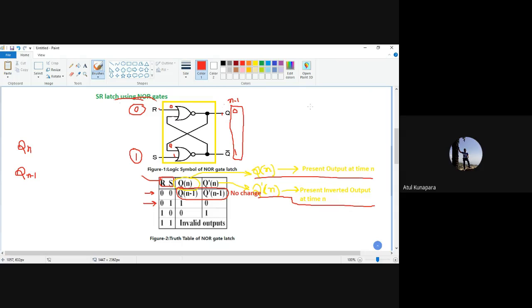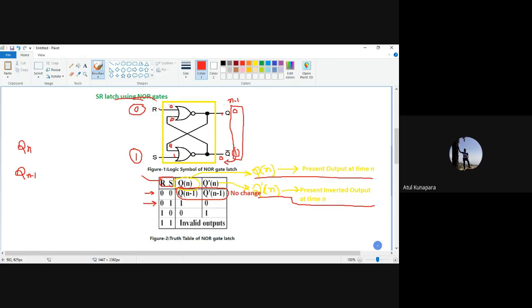Now if you remember the truth table of NOR gate, it will give you output logic 1 only when both inputs are 0. So what will this NOR gate give? Because here 1 is given and here 0 is given, the output is going to be 0. That means it is converting from 1 to 0. Now that 0 will come here.